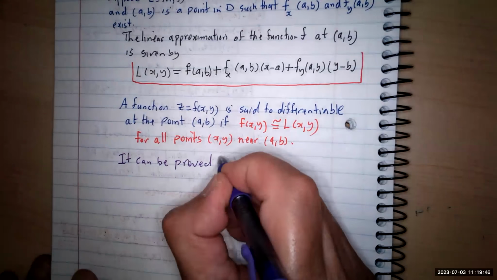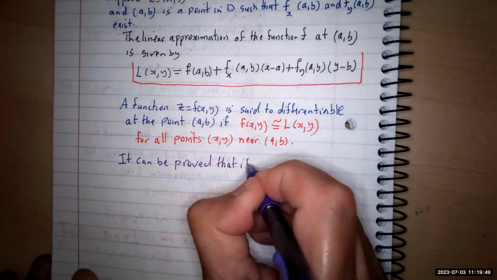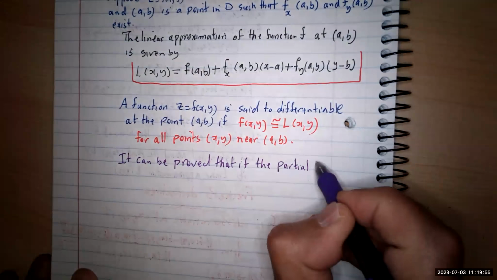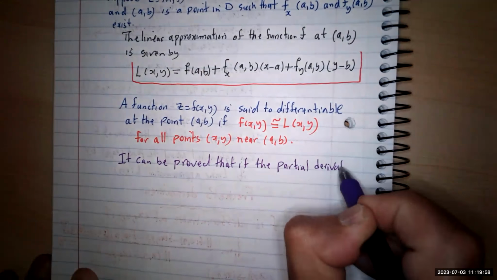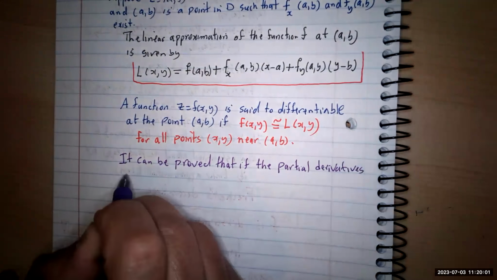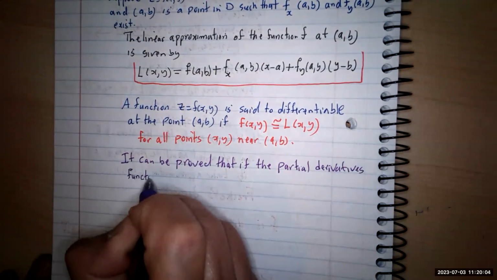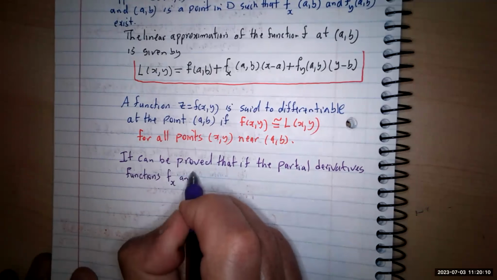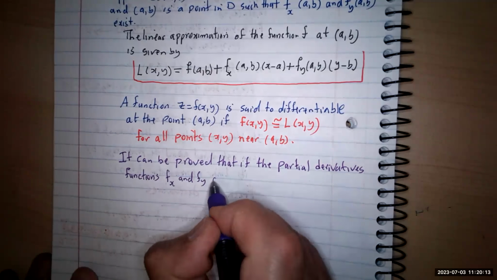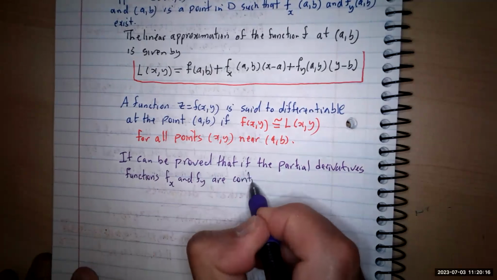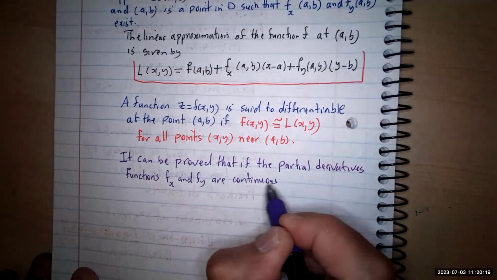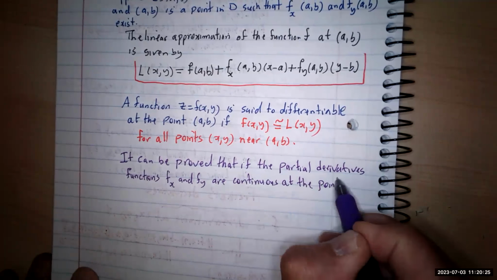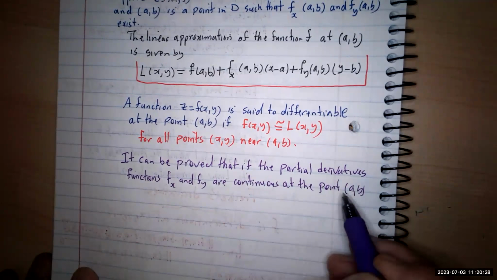It can be proved that if the partial derivative functions f sub x and f sub y are continuous at the point (a, b), then f is differentiable.